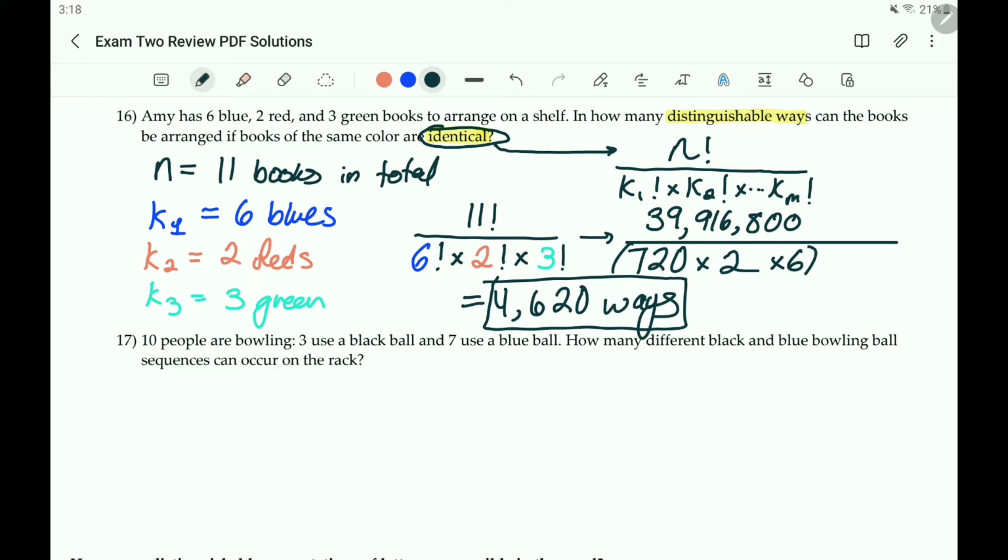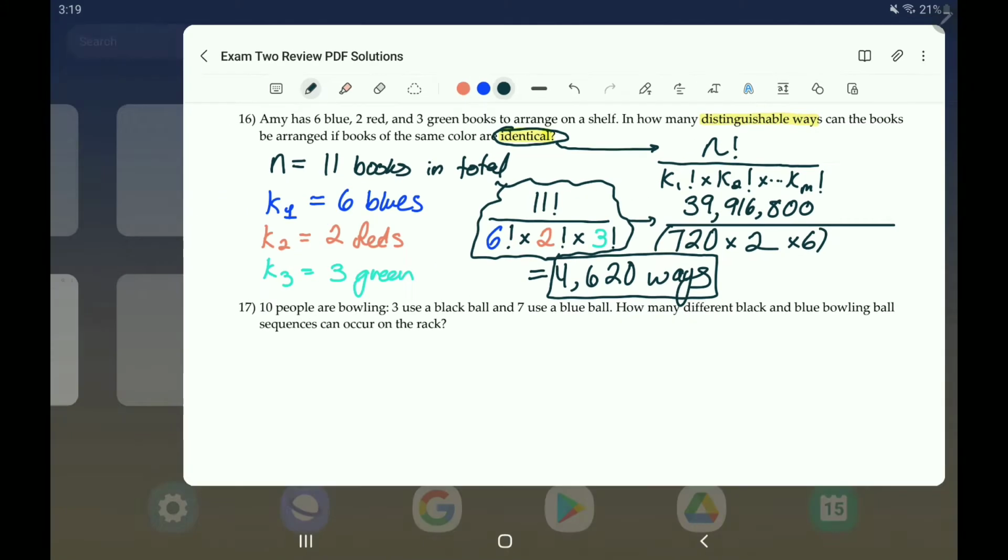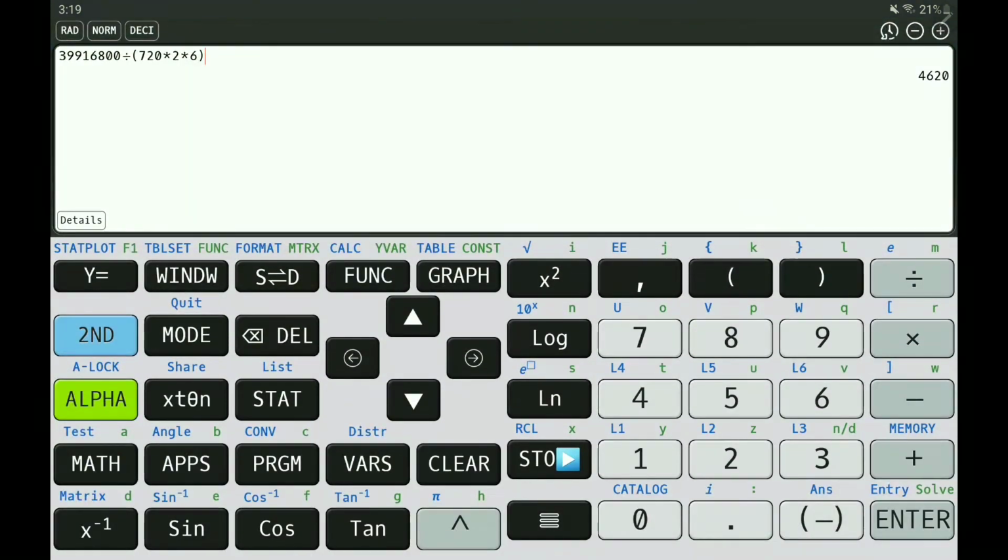Now, I'm going to go back to here for a second. Instead of multiplying out all these numbers, I'm going to use the factorial tool in my calculator to make calculating a little bit easier. So let's go back to the graphing calculator. Put your 11 in first, hit enter. Now go to math.